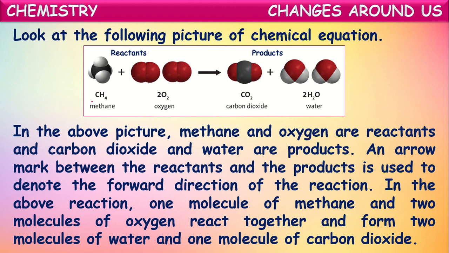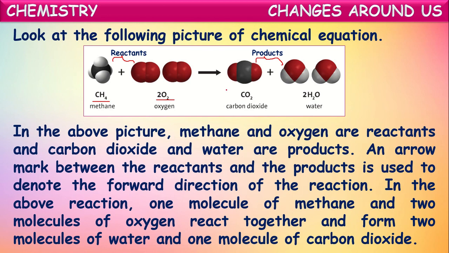Now we can say methane and oxygen together are reactants, because these two are reacting with each other to form some new substances. That is why methane and oxygen are reactants in this reaction. At the same time, if you see on the right hand side, carbon dioxide and water are produced. Now we can say these two are products.